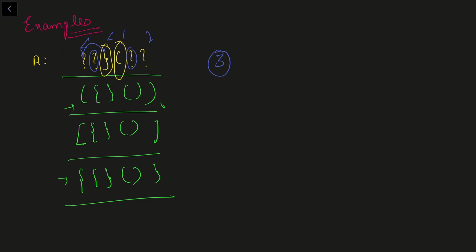Now let us move on to see the solution of this problem. Let's say we are again given the same string, and this time we need to create an algorithm to solve this problem. So let's start with brute force. What I'm thinking to do here is, I'll say that this is my left pointer and this is my right pointer, and I'll assume that my left pointer is an opening bracket.